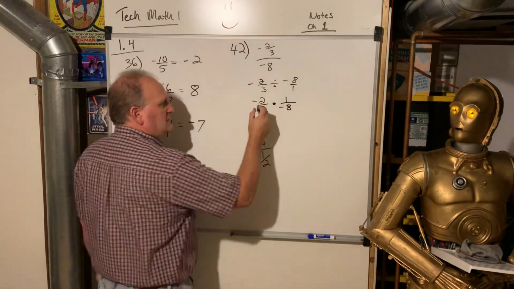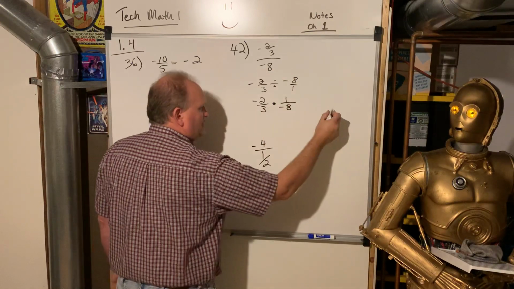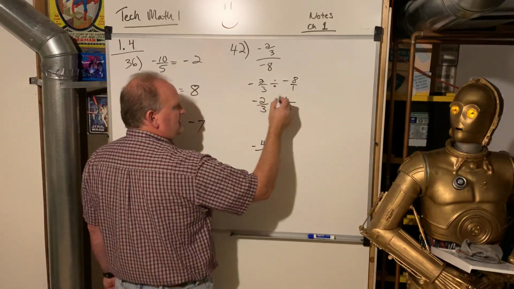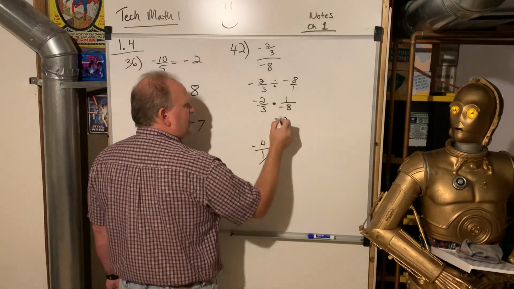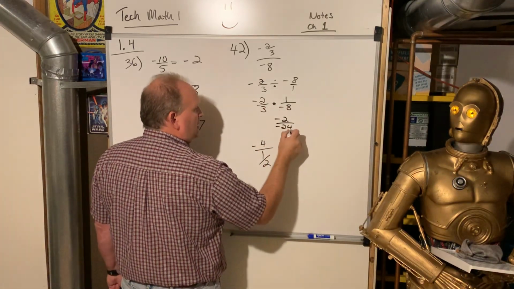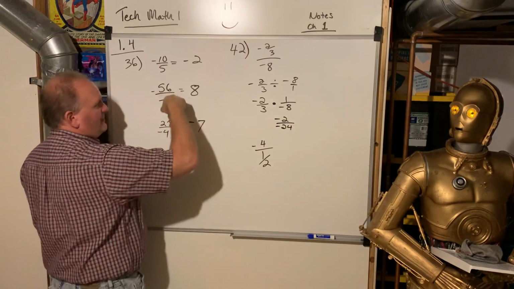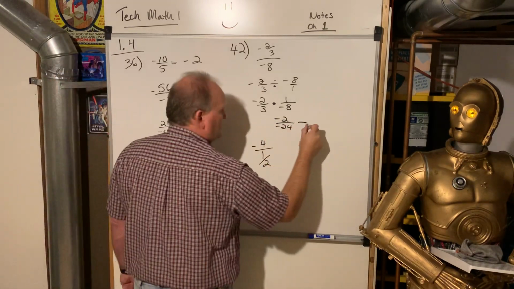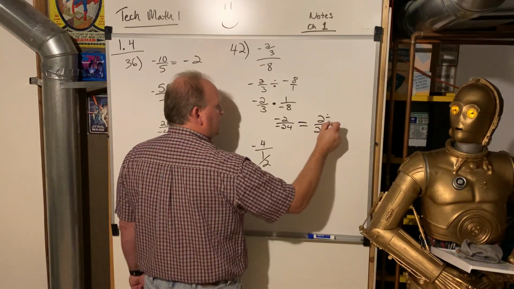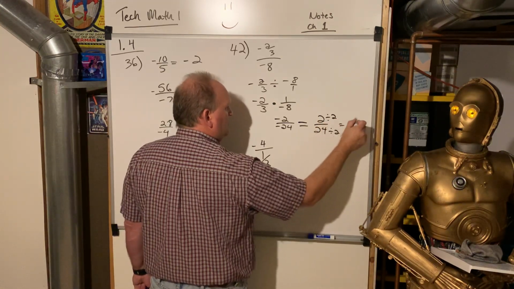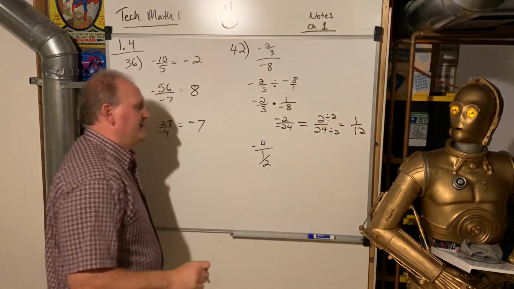Now we just do top times top, bottom times bottom, and then reduce. Numerator times numerator, negative 2, denominator times denominator, negative 24. A negative divided by a negative, remember we just did that, is a positive, so that equals positive 2/24, and then you can reduce it to 1/12.